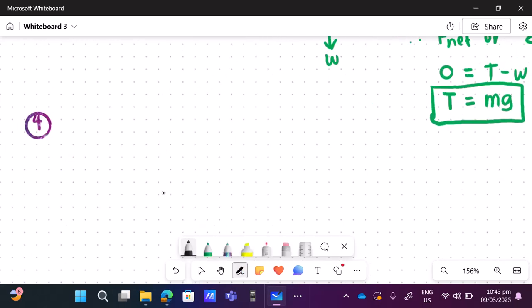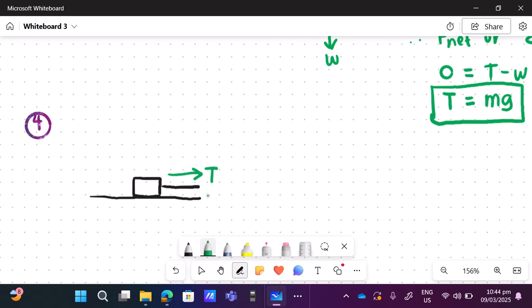If our object is, say, this is a block, a parcel from Shopee, for example, and then this is the floor, it is being pulled by a rope. If this is the rope, horizontally, we know that there is a force acting on the rope, so tension.